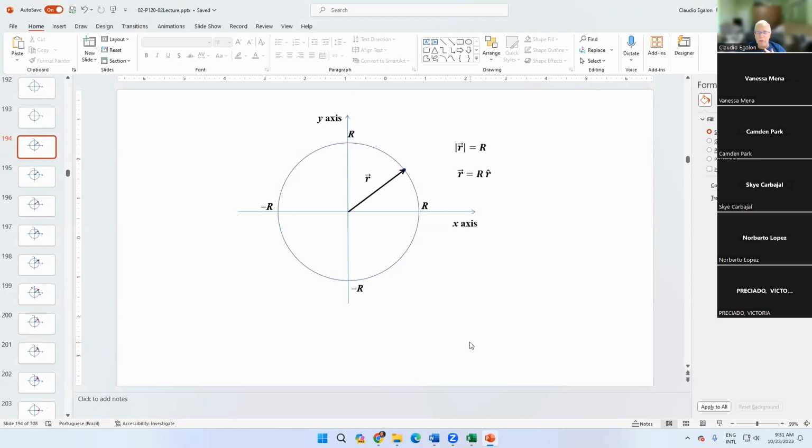Then further down the line, we study the polar coordinate system, and then the cylindrical coordinate system, which is the three-dimensional counterpart of the polar coordinate system. Then we look at the spherical coordinate system. So the polar coordinate system is 2D motion, right? That's right.